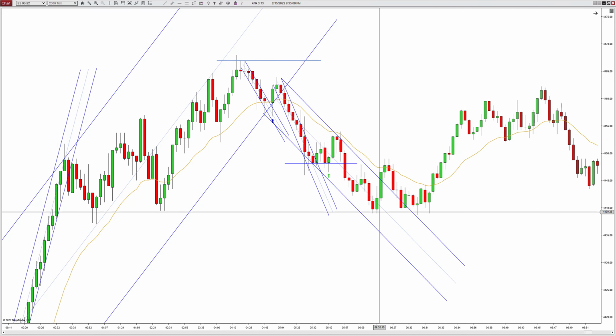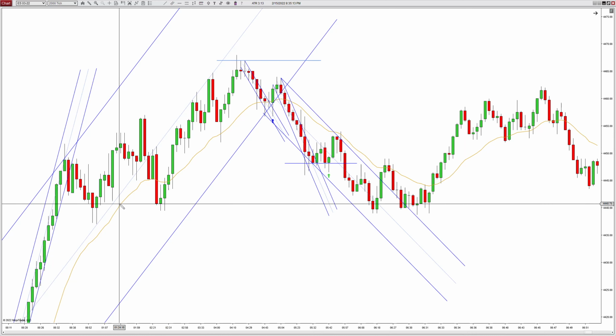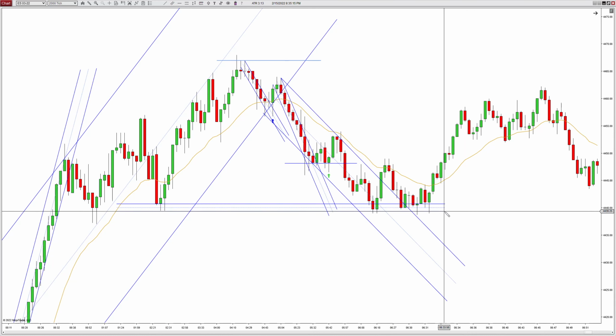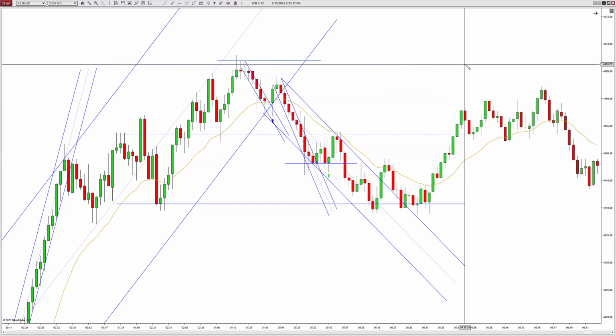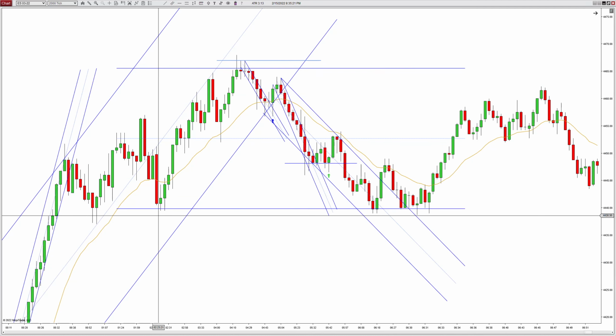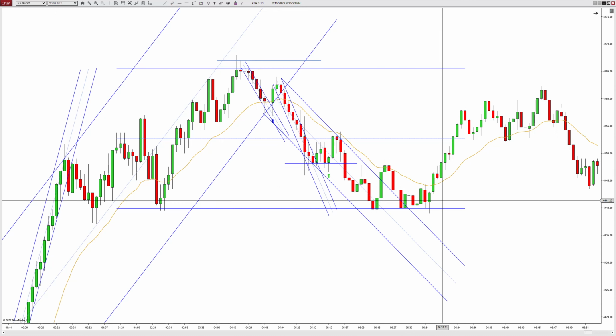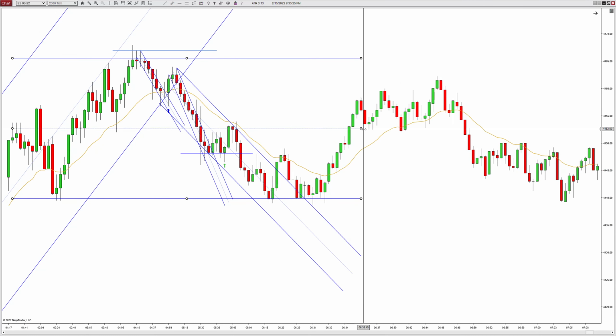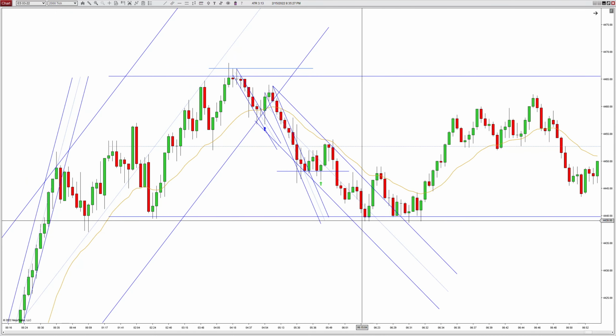We make this double bottom here, and so what you want to do at that point is see if that support lines up, which it does, with this support over here. And so now we want to see if we're going to respect support area number 1.